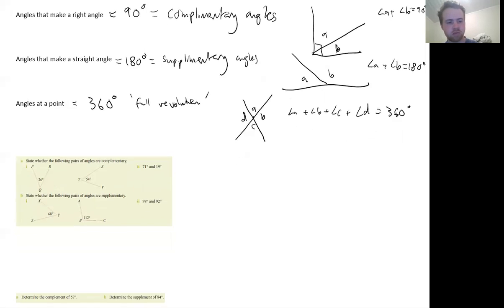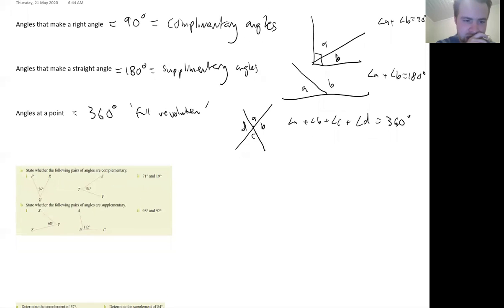For this first part, we're going to state whether the following pairs are complementary. The way that we're going to test that is we just add them together and see if they add up to 90. For part 1, 26 plus 54 equals 80 degrees, so therefore not complementary.